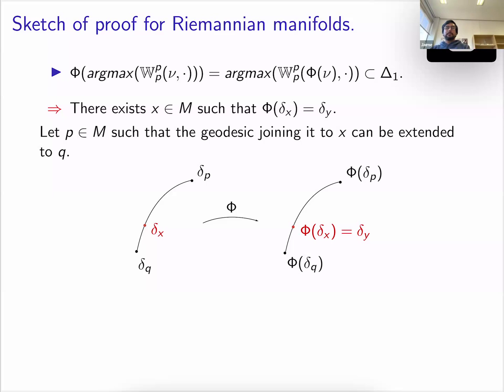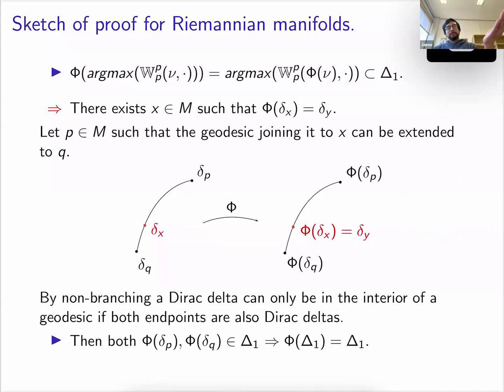And since my geodesics do not branch, it can be proved, and this is something that applies in general for non-branching spaces, that a Dirac delta can only appear in the interior of a geodesic if both of the endpoints are Dirac deltas.